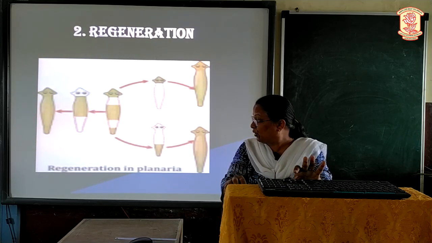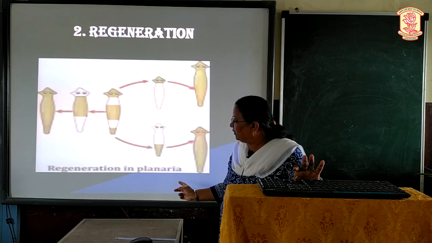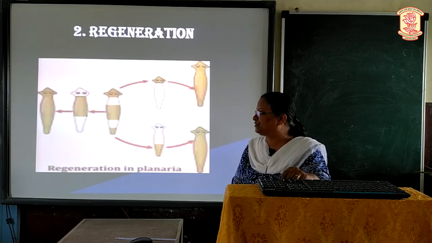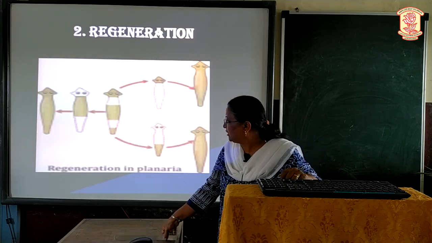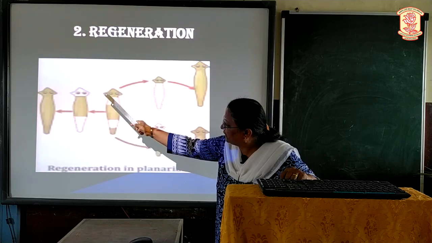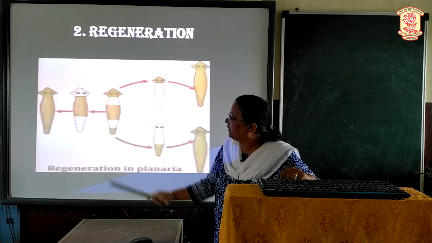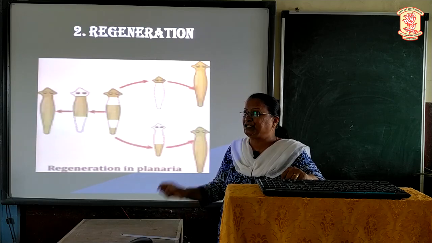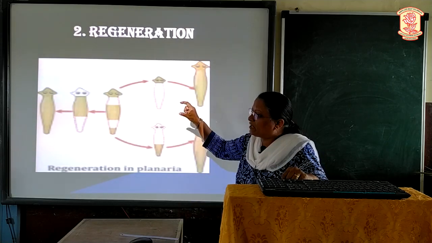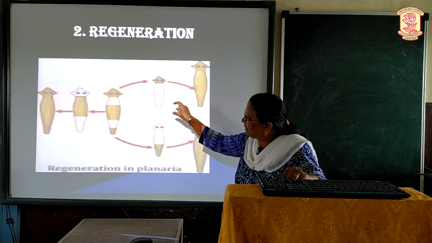So also in the case of planaria, it reproduces itself by the process of regeneration. Can you see the parent planaria over there? It divides itself into three parts: the head, the thorax and the tail part. Now each individual part, the head portion, redevelops the thorax and the tail part.